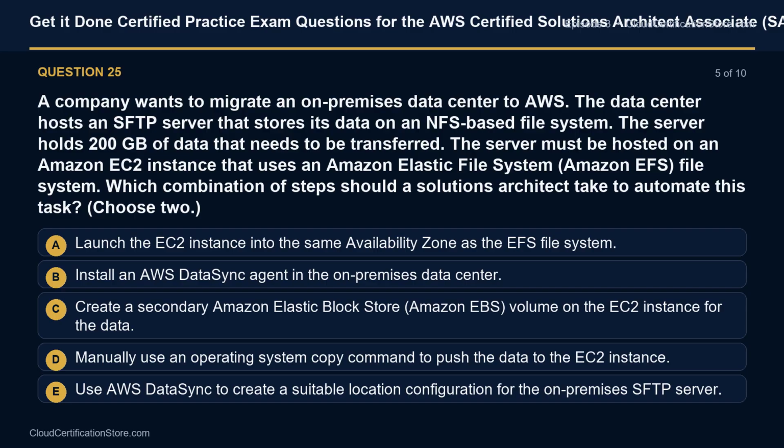Option D. Manually use an operating system copy command to push the data to the EC2 instance. Option E. Use AWS DataSync to create a suitable location configuration for the on-premises SFTP server.